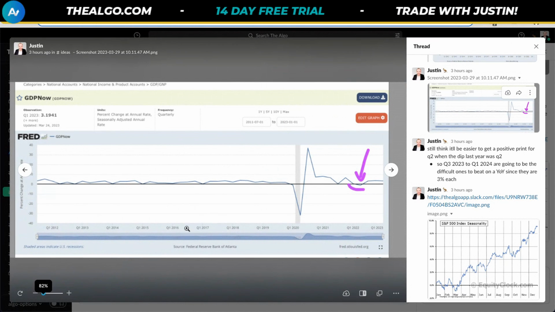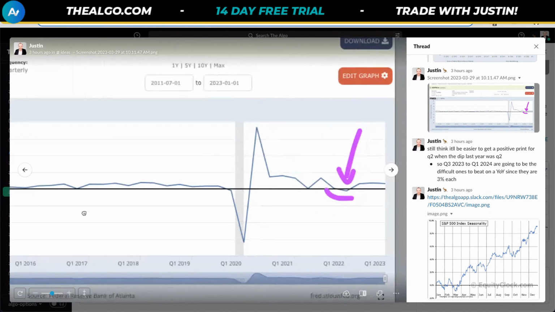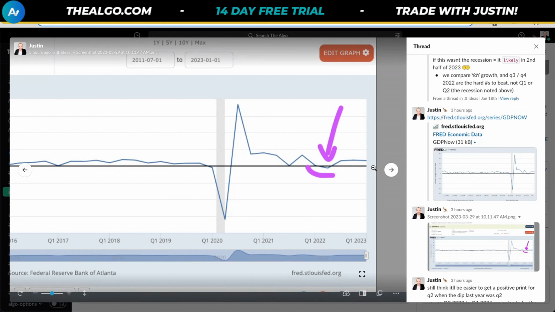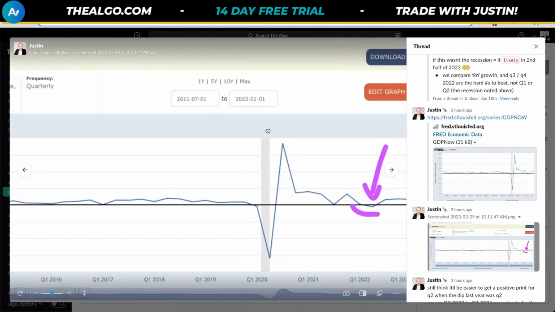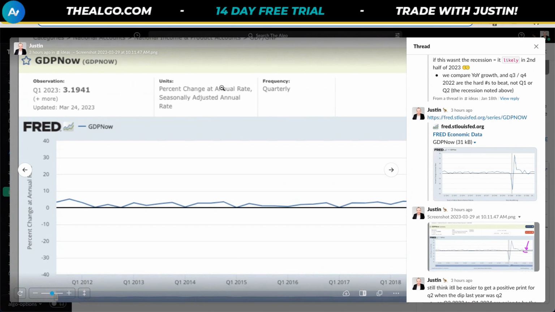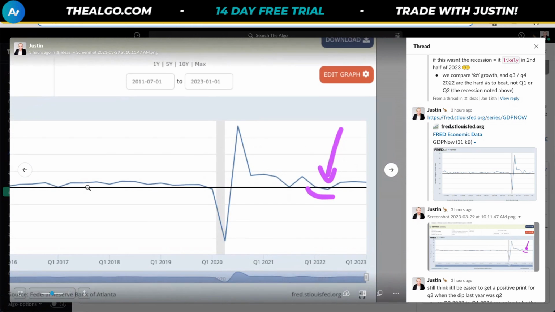And if we think about this, what's really important is kind of what I've been mentioning before regarding the recession or a rolling recession. So we're set for a strong print of 3% for this most recent quarter. But we have to remind ourselves, how do they measure this? Well, it's measured on an annual rate, adjusted annual, right? It's the annual rate. So if we think about, okay, Q1, well, Q1 is comparing to this first dip here with 0.37.